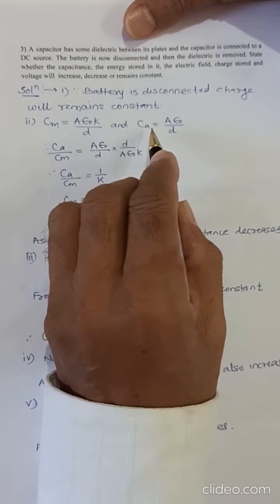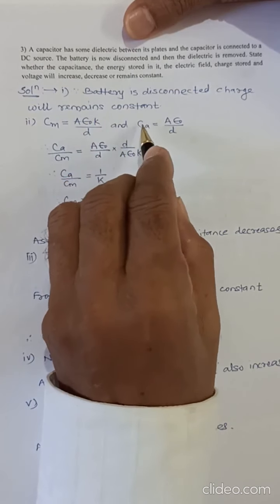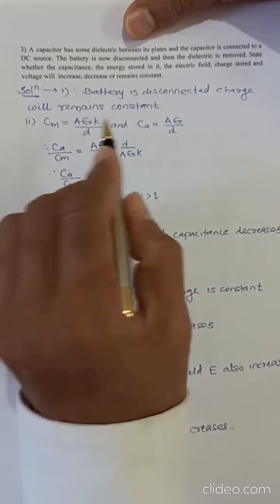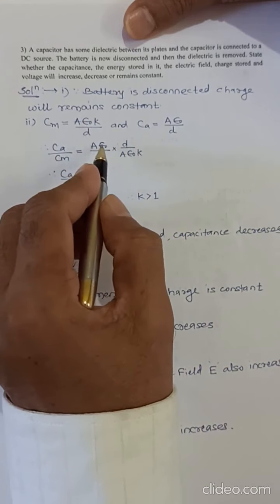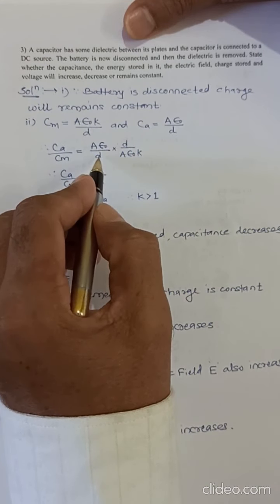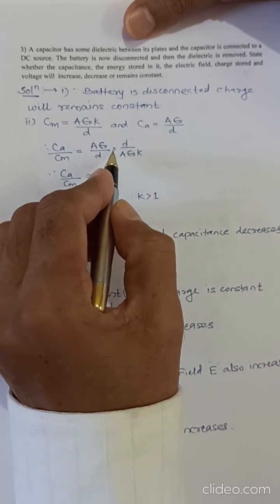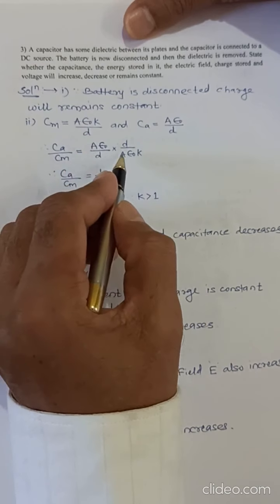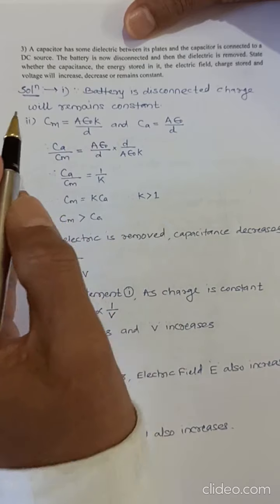Now, for air, the dielectric constant K is equal to 1, so Ca is equal to A ε0 upon D. Take the ratio Ca upon Cm. Ca is A ε0 upon D, upon Cm, which means multiplied by D upon A ε0 K. A gets cancelled, D gets cancelled, ε0 gets cancelled.